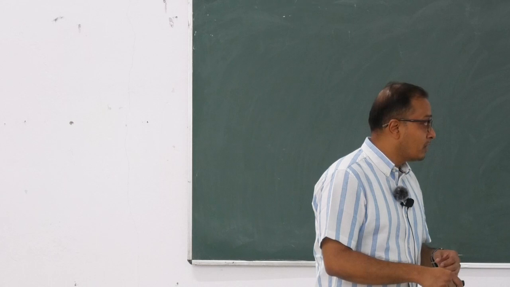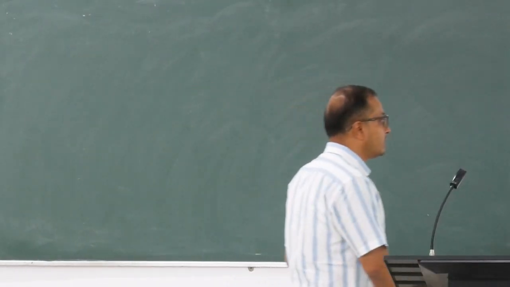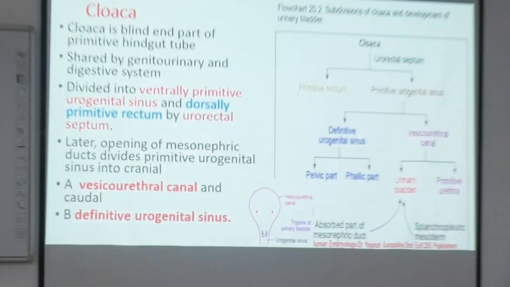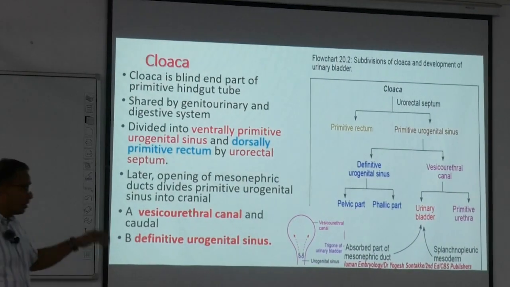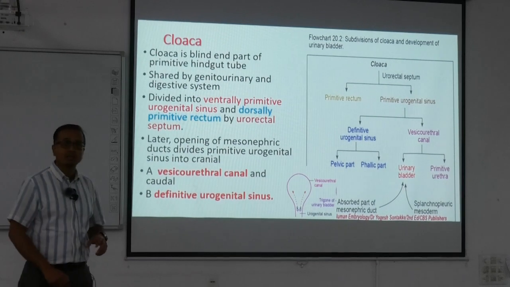Now coming to this cloaca again, it's a blind pouch which you are seeing here on the caudal end of this fetus, and this cloaca is split into two segments: a primitive rectum posteriorly, and anteriorly this part we call the urogenital sinus. Our class on the development of the urinary bladder will involve this urogenital sinus.